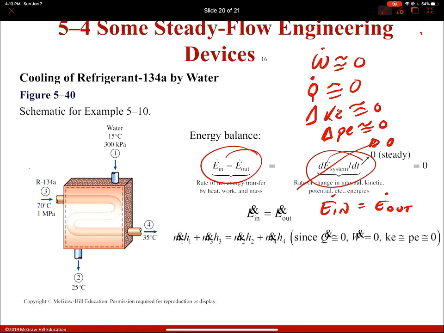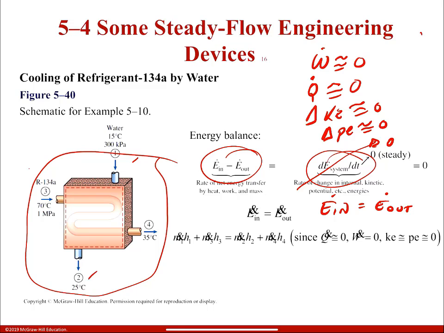So we know, and we're going to take this example, this picture. So 1 and 2 are just water, and 3 and 4 are just refrigerant. Everything that comes in minus everything that comes out will be equal to 0. So what's coming in here?